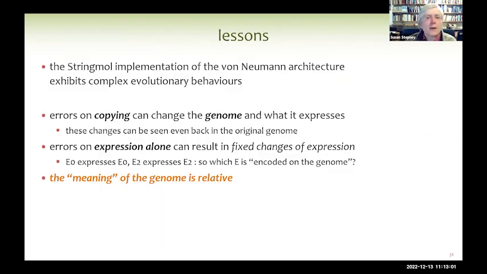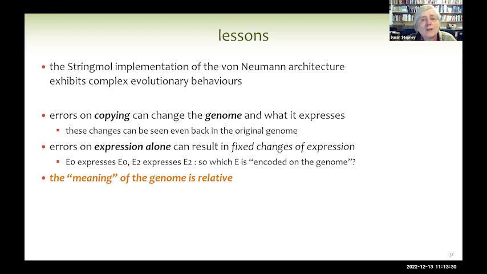So I just want to say about this particular example, the string model implementation of this von Neumann architecture also exhibits complex evolutionary behaviors. It's not now looking at parasites, it's now looking at semantic changes to what's encoded in the genome. So errors on copying can change the genome as you would expect and change what it expresses. And you can even see those changes back in the original genome.